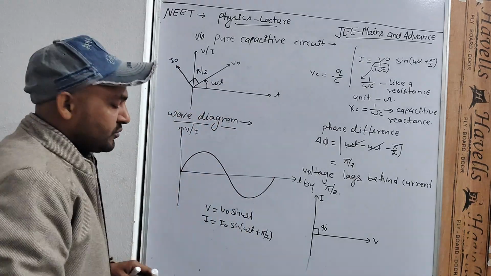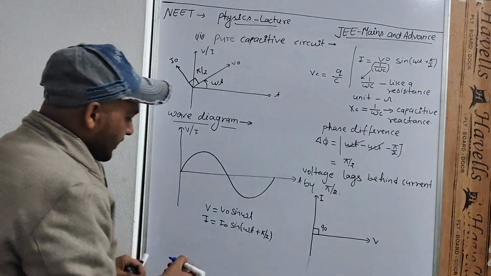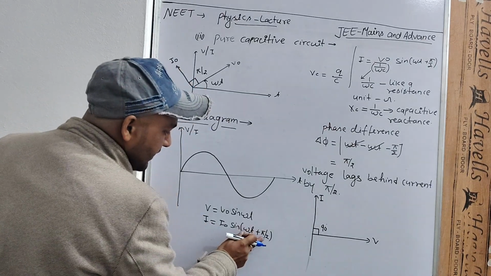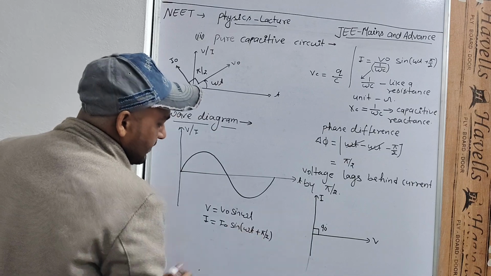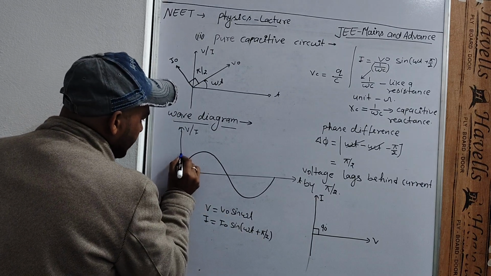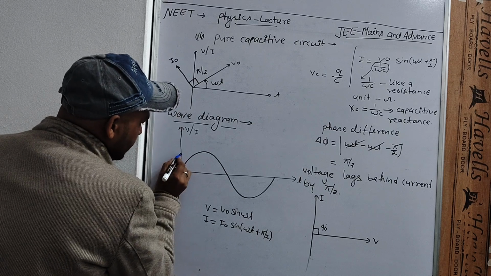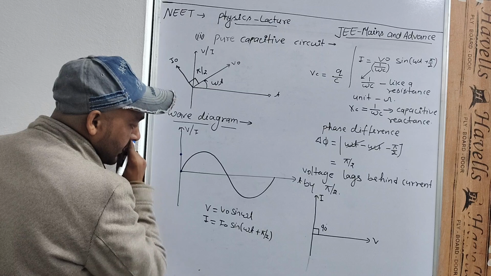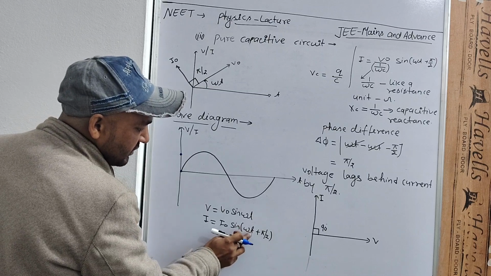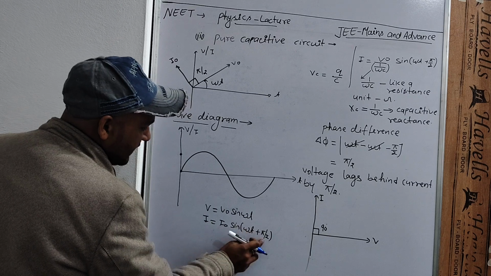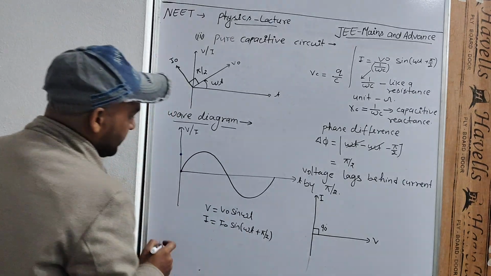This graph shows one complete cycle, and we have to draw for instantaneous current. Current leads by pi by 2, meaning whenever voltage is minimum, then current becomes maximum. Hence, the graph of current will start from here, because at t equal to 0, it will produce sin 90, and sin 90 is always maximum.